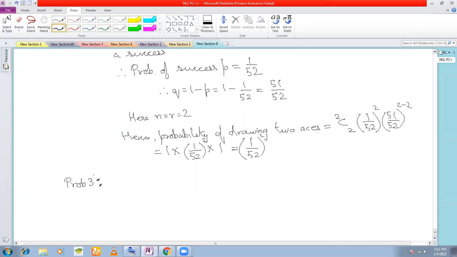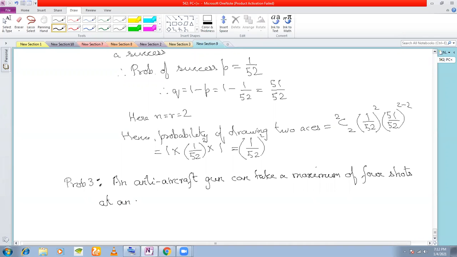In problem number 3, you have this: an anti-aircraft gun can take a maximum of 4 shots at an enemy plane moving away from it.